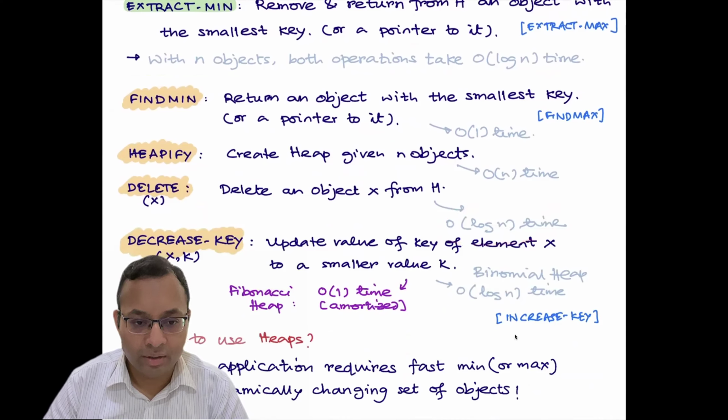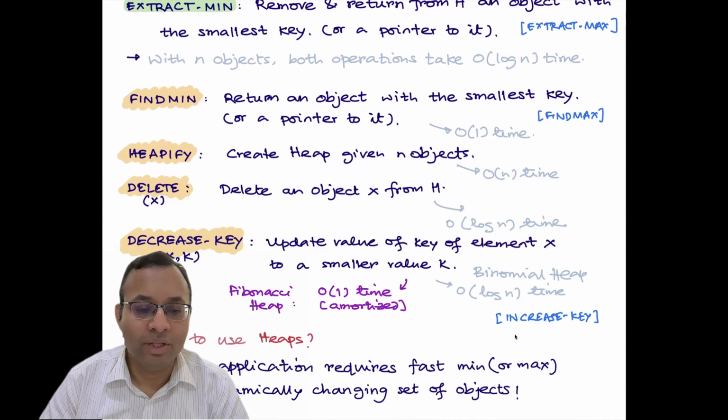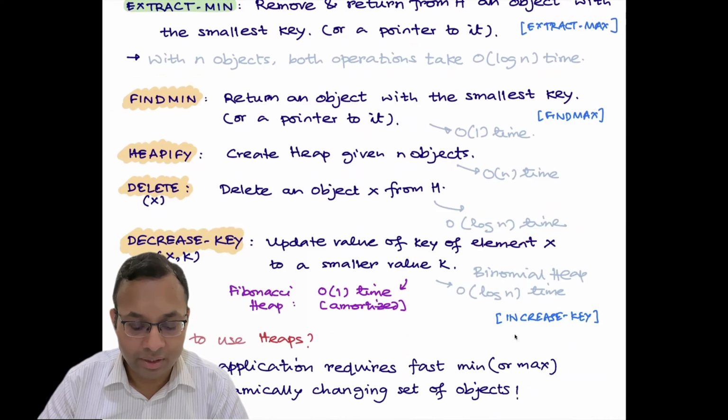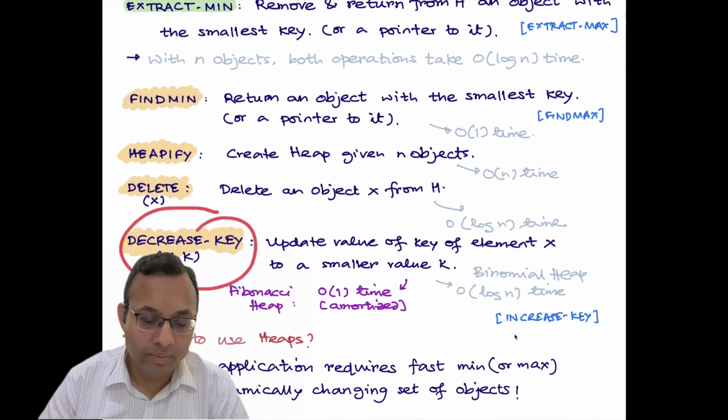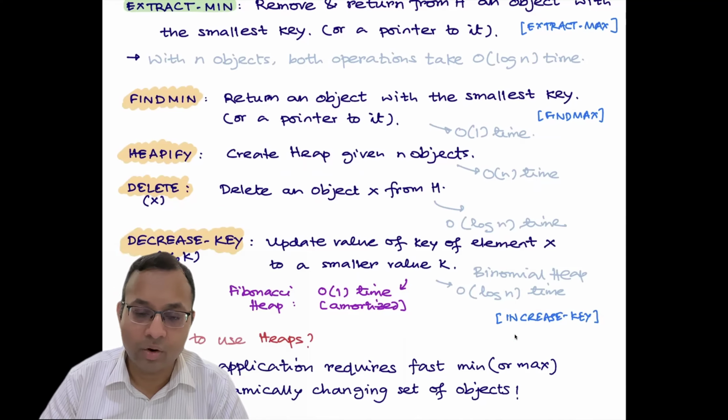And then there is another very important operation called decrease key. We give an element x, and maybe x has value 16 right now. I want to decrease it to 12. Even that can be done. It's decrease key in min heap, or in case of max heap, it will be increase key. In binomial heap, which is what we are showing in the figure, it takes order log n time.